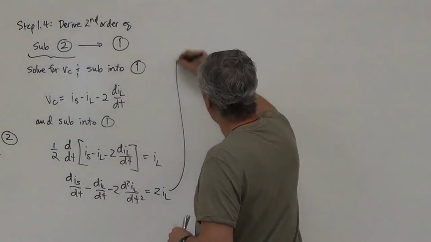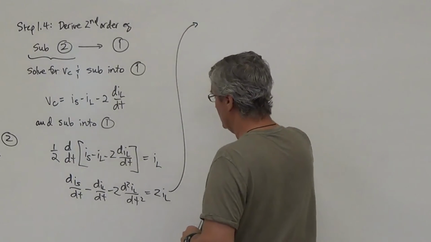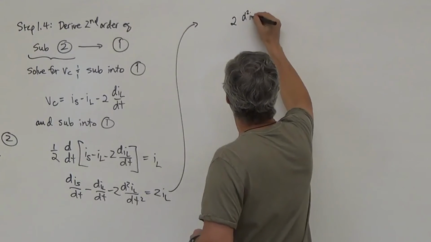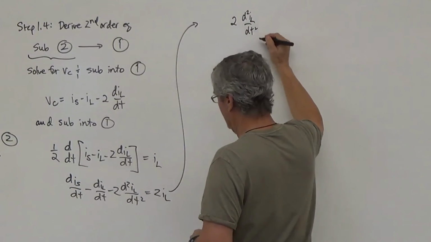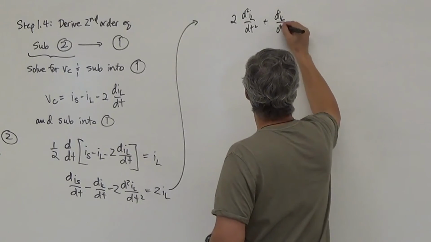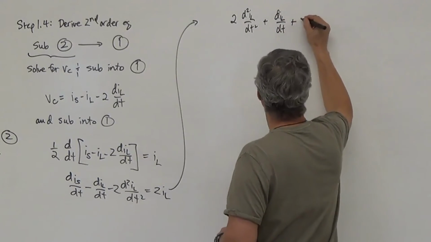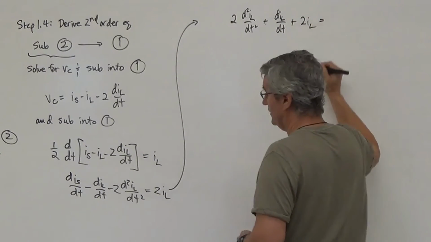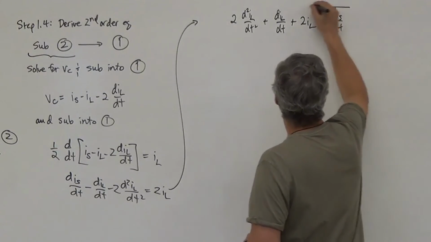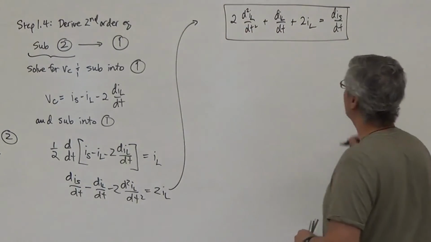So if I rewrite this, it will look like this. It's going to be 2 d²IL/dt² plus dIL/dt plus 2IL equals dIS/dt. And that's my second order equation right there.